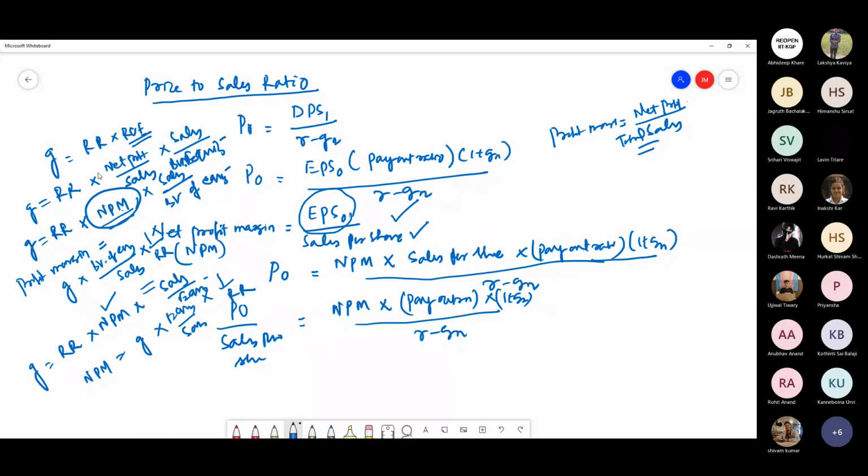Also, P by S ratios are not as volatile as other ratios like the price to earnings ratio. And going by the investment strategy, firms with low profit margin and high price to sales ratio are overvalued, and those with high profit margin and low price to sales ratio are undervalued.